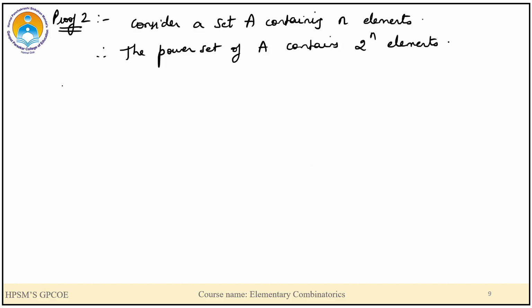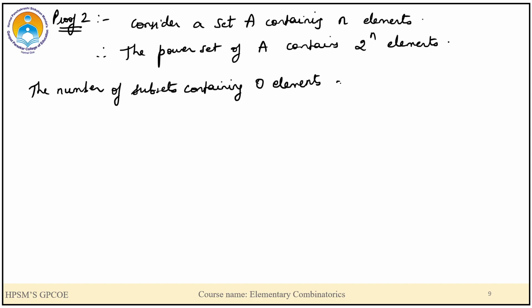Okay? Now for the right hand side, let us start with the smallest possible order of my subset. The number of subsets containing 0 elements will simply be nC0, which is 1.